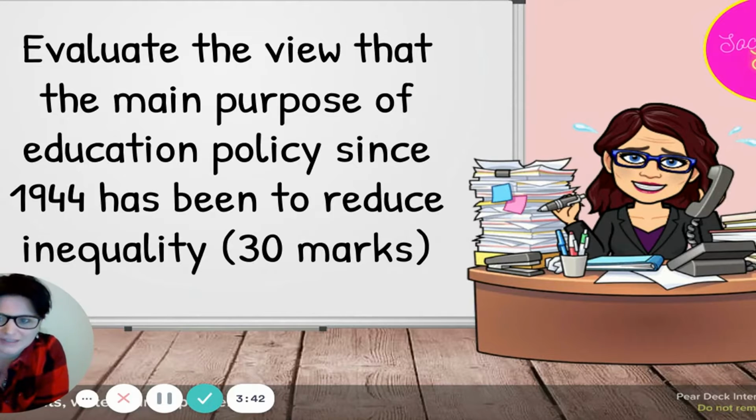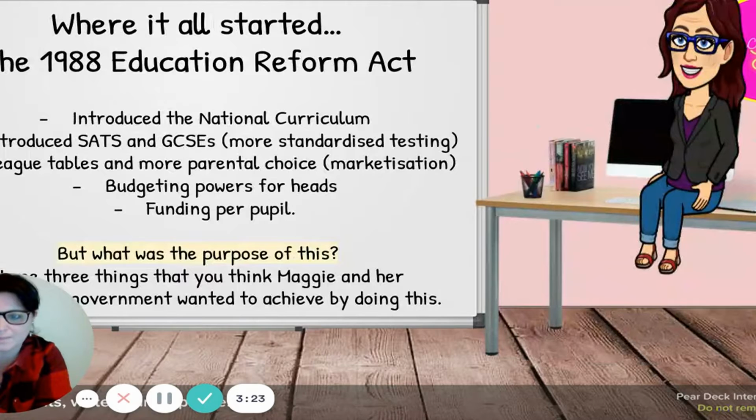And obviously the flip side to that argument would be that policy since 1944, and including marketisation, has actually increased inequality. So we've got these two sides. Has it reduced inequality? Has it increased inequality? Okay, so that's the question to have in the back of your mind with every point that you learn here.